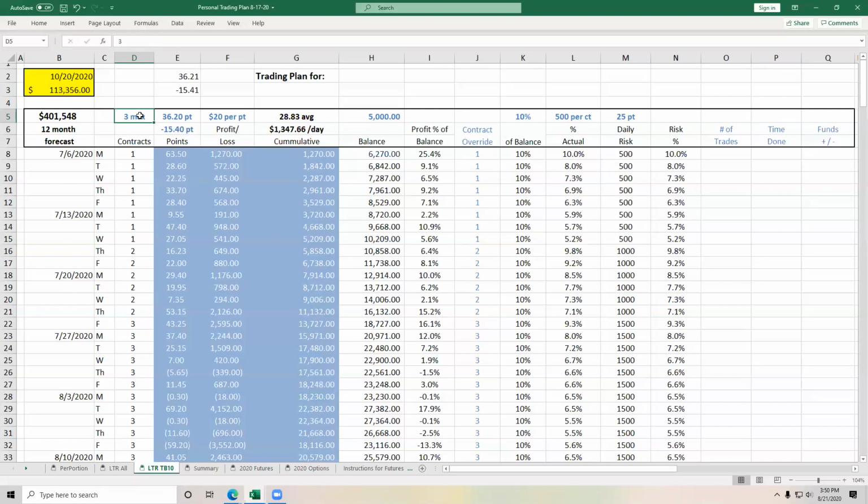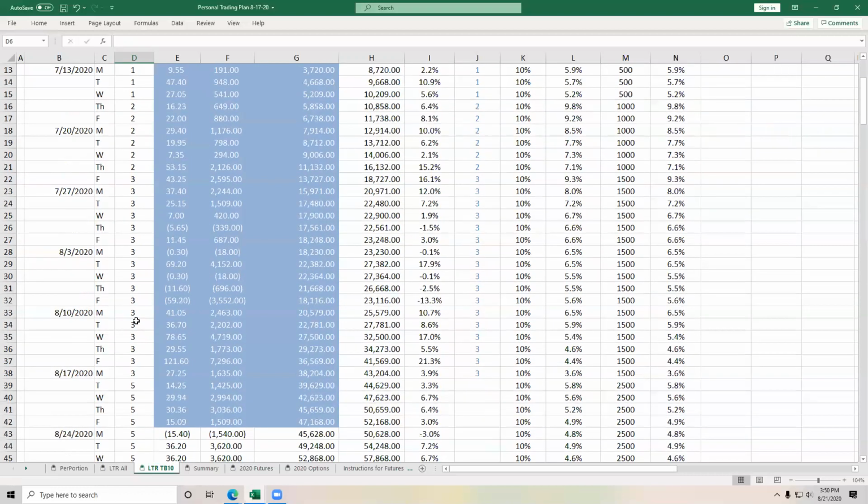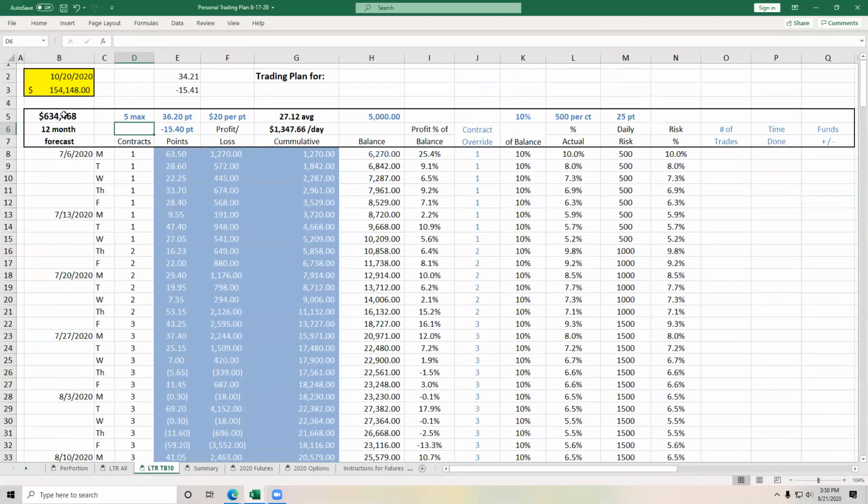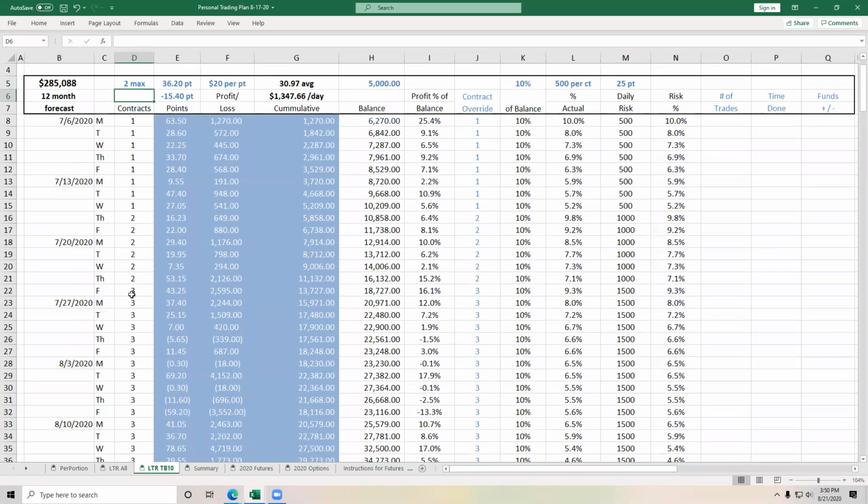If I were to change this to, say, 5 contracts, you'll see that the number of contracts will start to change. It increases to 5, and that changes the income forecast over the course of 12 months. So you can put it at whatever you want. If you're ultra conservative, you want to put it at 2 contracts, you will never trade more than 2.